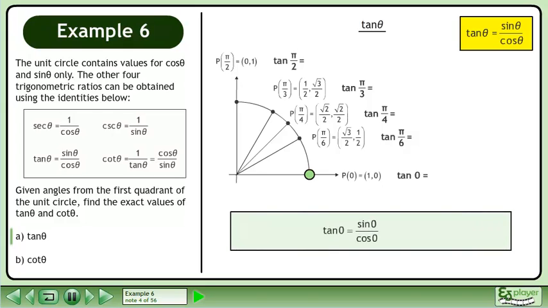Tan 0 is equal to sin 0 over cos 0. The sine of 0 is equal to 0, and the cosine of 0 is equal to 1. Divide to get 0. The exact value of tan 0 is 0.